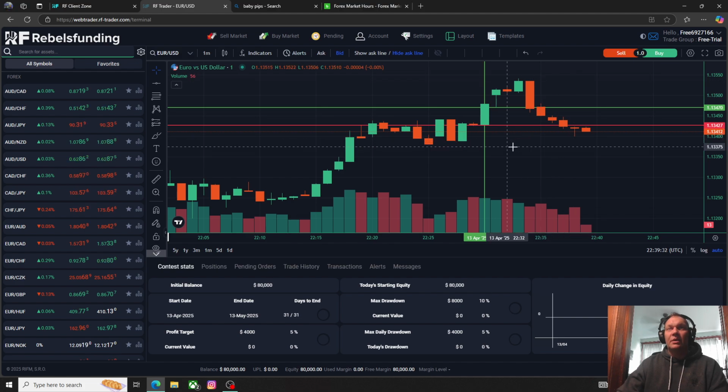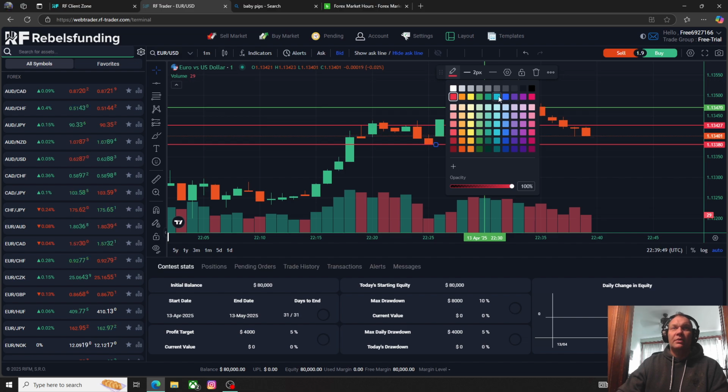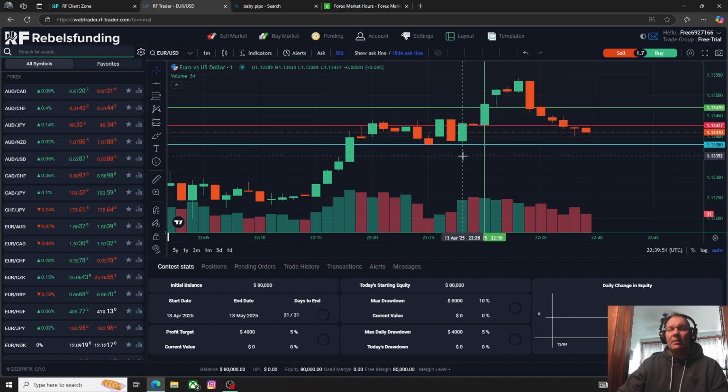And I see that candle right there, the lower wick, that's buyers stepping in to try to push it back up. I would say if it hits right here and goes below this light blue line, then it's probably going to continue to the bottom side.